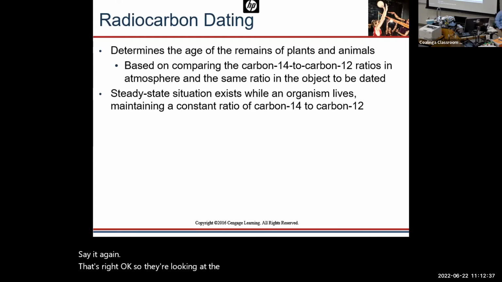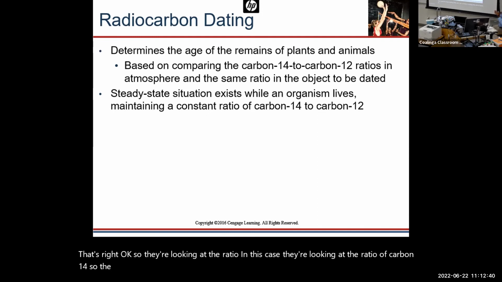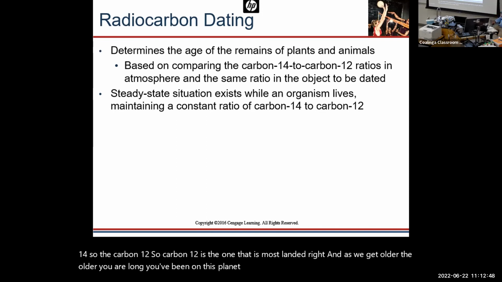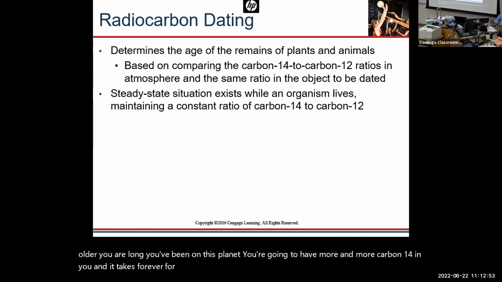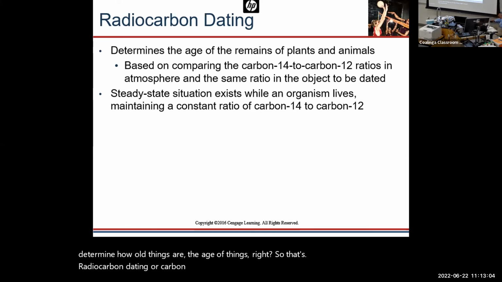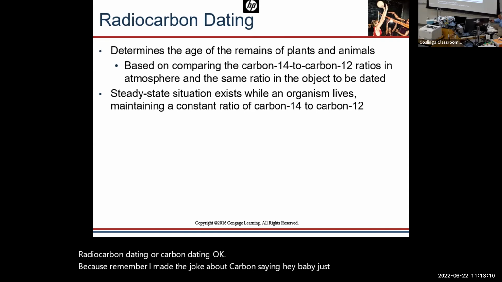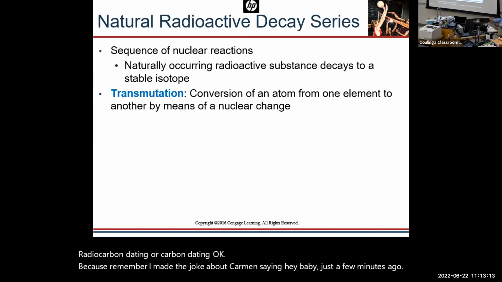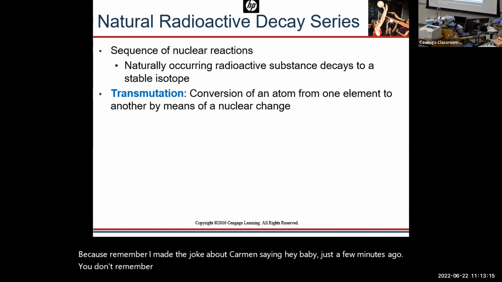In this case, they're looking at the ratio of carbon 14 to the carbon 12. So carbon 12 is the one that is the most abundant, right? And the older you are, the longer you've been on this planet, you're going to have more and more carbon 14 in you. And it takes forever for carbon 14 to decay. And so we use that ratio to determine the age of things, right? So that's radiocarbon dating or carbon dating. Okay. Remember I made the joke about carbon saying, hey, baby, just a few minutes ago. You don't remember that? Okay.